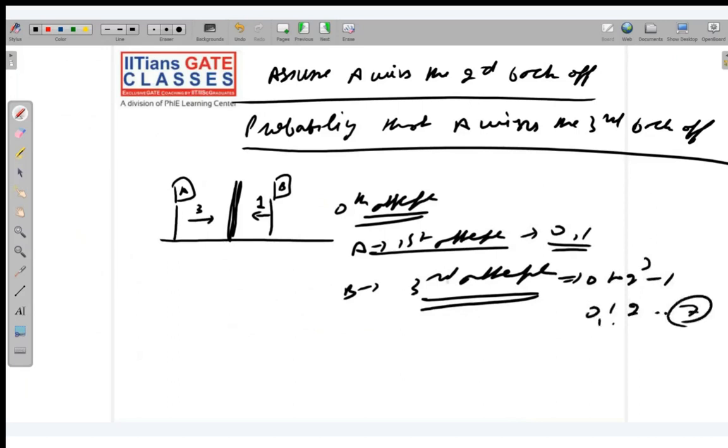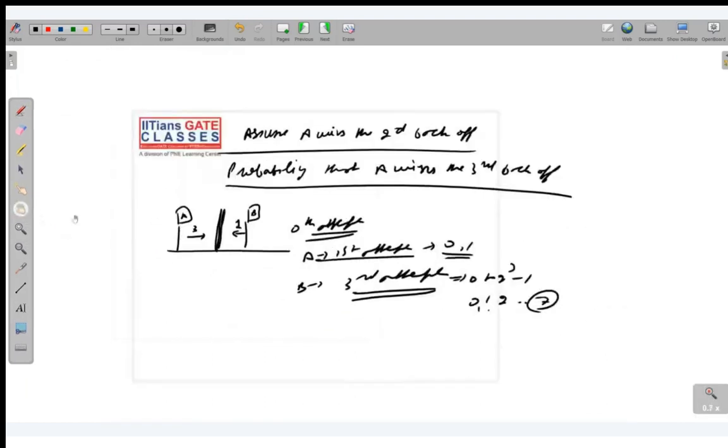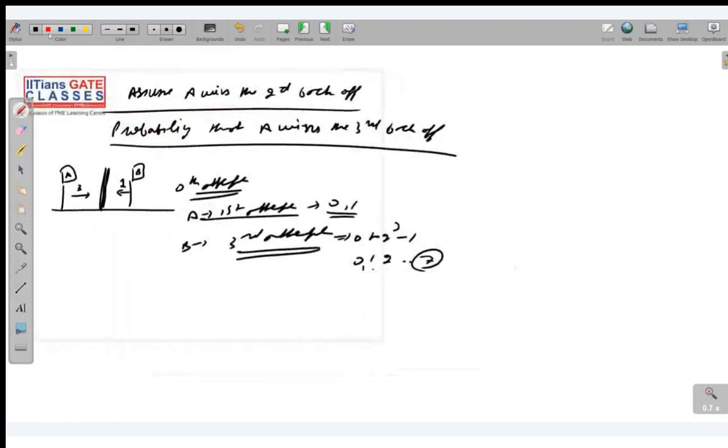So let me build the table now. Okay. So how will the table look? A will take value 0 or 1 only, but B can take value from 0 to 7. So 0,0; 0,1; 0,2; 0,3; 0,4; 0,5; 0,6; 0,7. Let me copy it out.